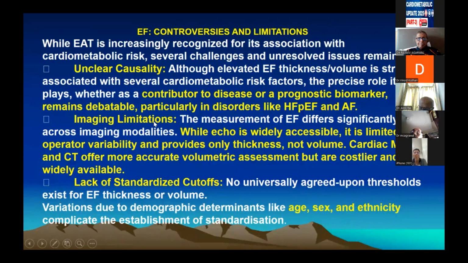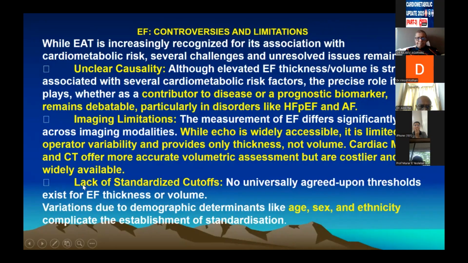And also there are imaging limitations. We know that echo is widely accessible and used a lot, but at the same time does not provide volume. On the other hand, cardiac MRI and CT offer more accurate volumetric assessment, but are costlier and less widely available.